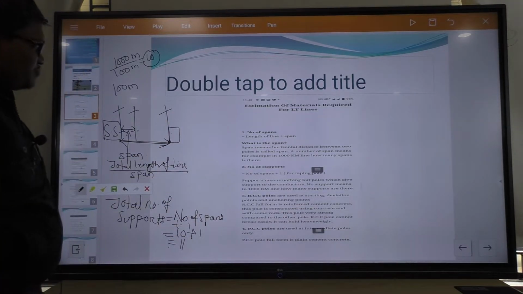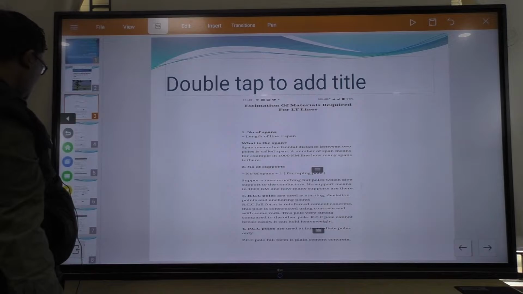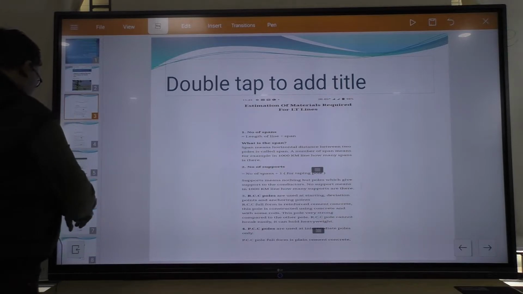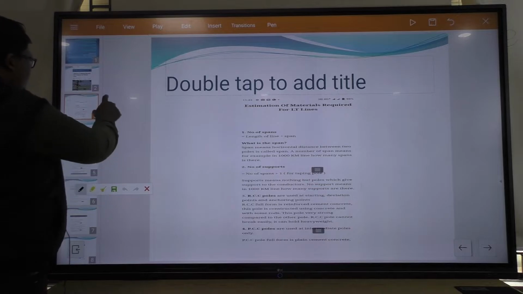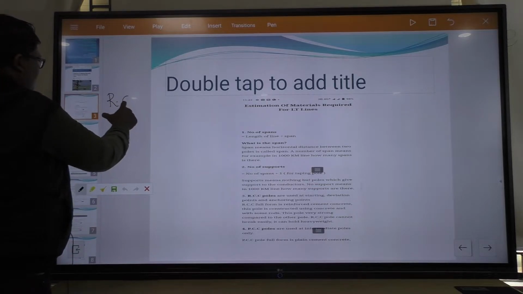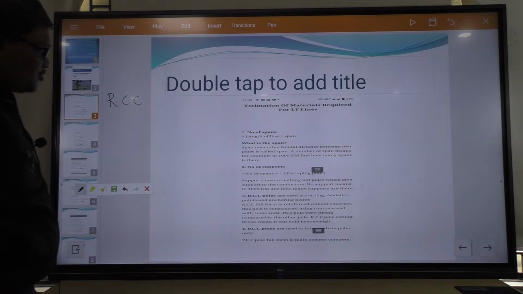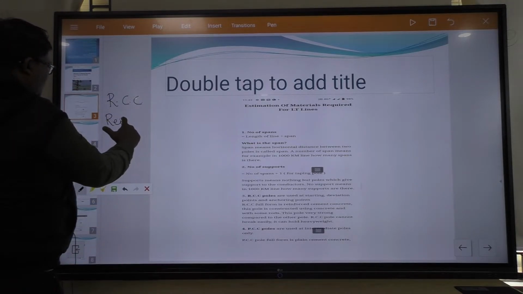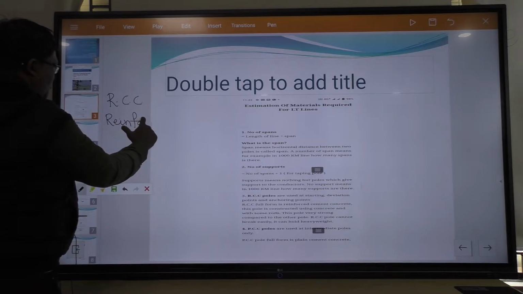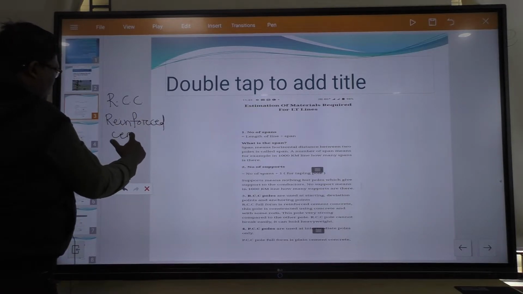Next, number of RCC poles. What is RCC? RCC is nothing but reinforced cement concrete.